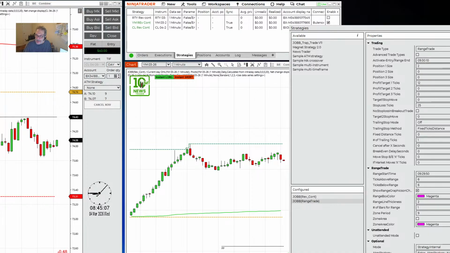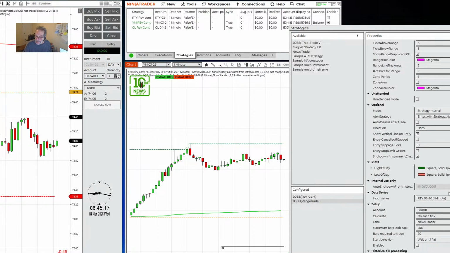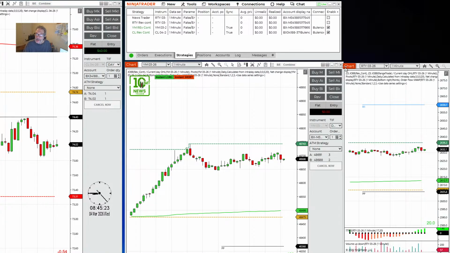And the range at 9:30 and 10 seconds with 2 contracts and a 12-tick target, 25 stop. So that's our range trade at the moment on RTY. And we need to label that also.